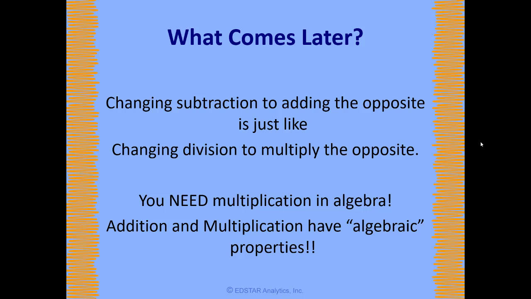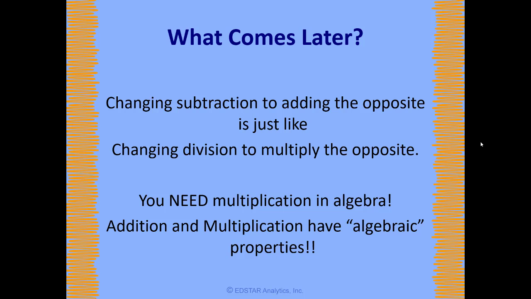So like 3 minus 5 would be 3 plus -5. That's the same process as changing a fraction division, so a half divided by 8/3 is a half times 3/8. It's just the opposite with addition versus the opposite with multiplication.